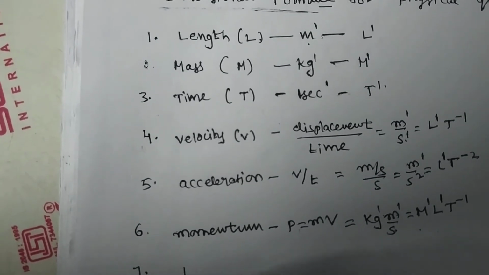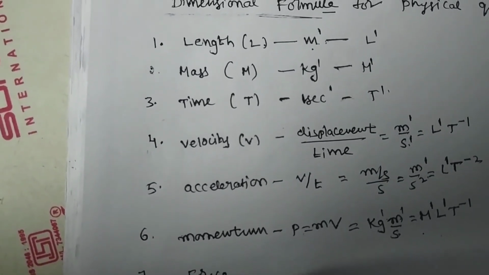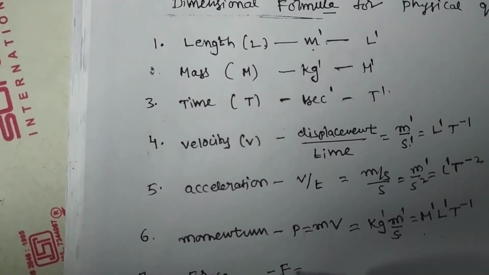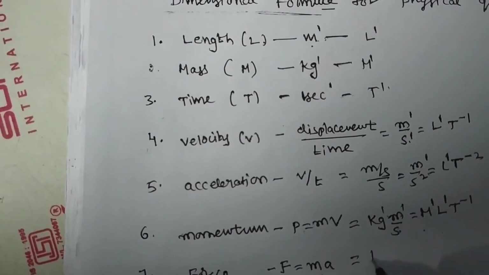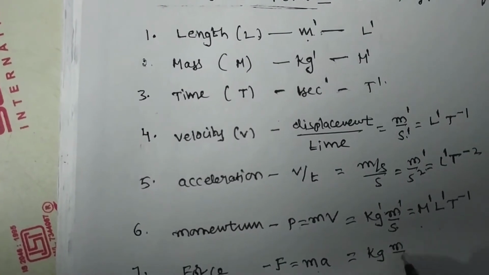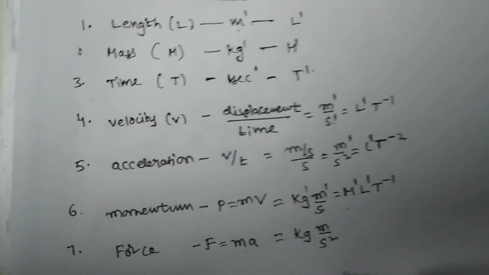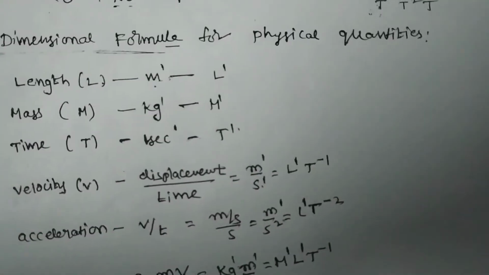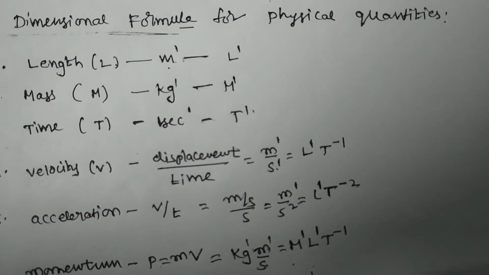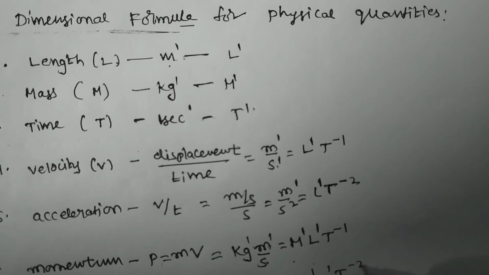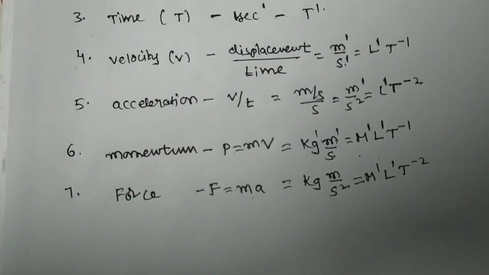Next, force. Force is represented as F, which is nothing but mass times acceleration. Unit is kg meter by second square. Now, M power 1, L power 1, T power minus 2.